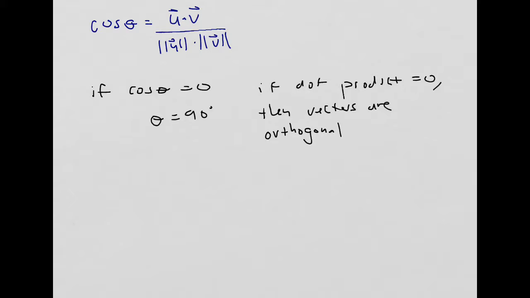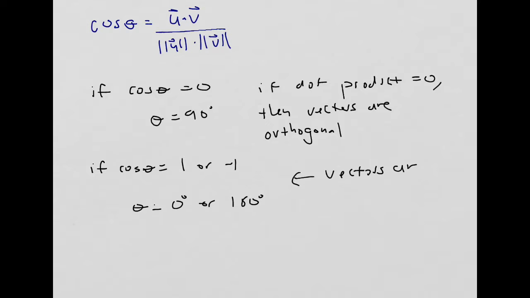Now, what does it mean for vectors to be parallel? For vectors to be parallel, that's going to occur if cosine of theta is equal to 1 or negative 1, because in that case, the angle is going to be 0 degrees or 180 degrees. So the angle between these two vectors is either 0 or 180, and in this case the vectors are parallel.